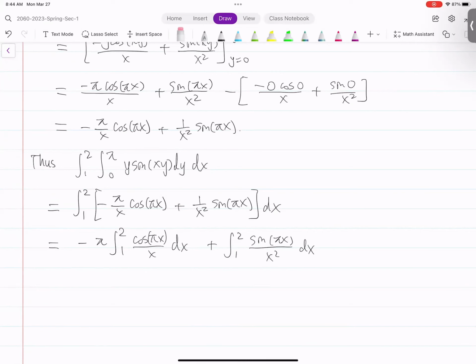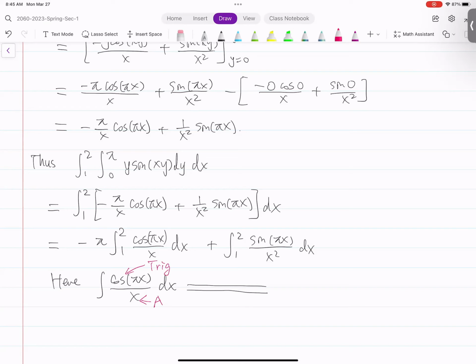So let's treat the first integral, cosine of pi x over x dx. This is again an integration by parts. This part is the algebraic, and this part is the trig. And the algebraic is not x. The algebraic part is 1 over x.